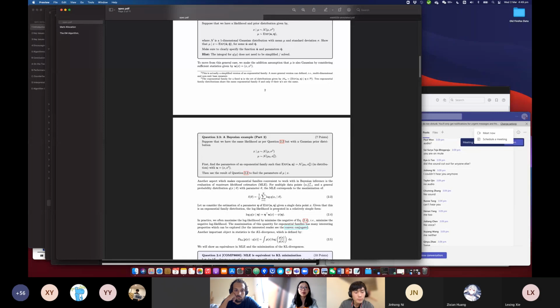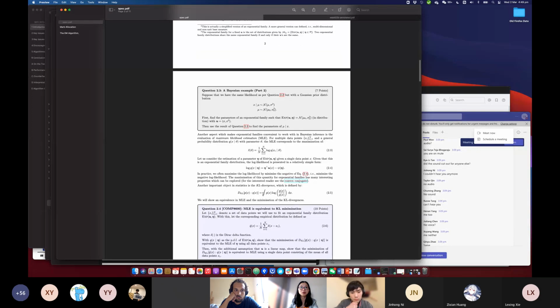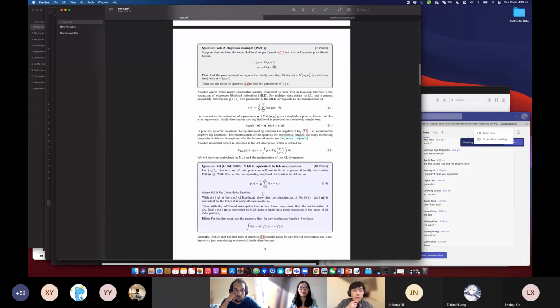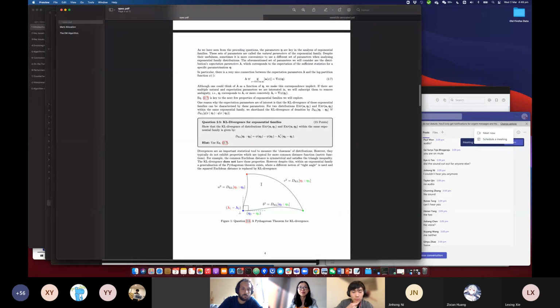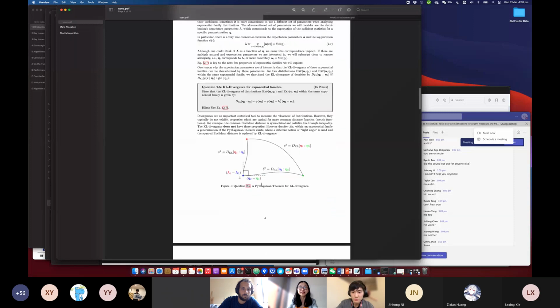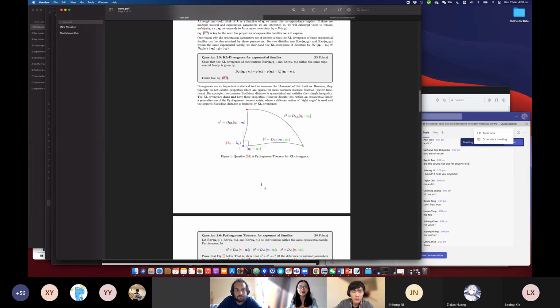Once you have 2.2, then 2.3 should not be too difficult. Same thing goes with 2.5, which is expressing the KL divergence in this set of parameters of the exponential family, which we hope is clear enough after reading the question carefully. And as Alex said, most of the work goes in there. After that, 2.6 should be somewhat easier.